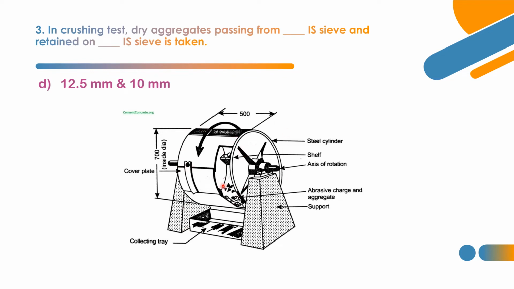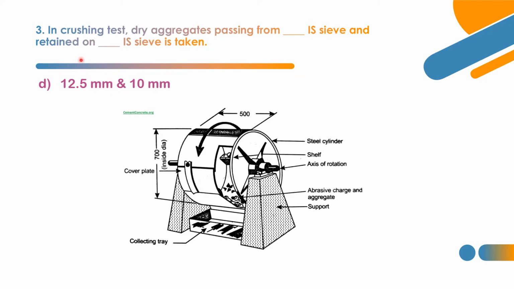Here a drum will be rotated for some standard rotations per minute, after which crushed aggregate will be obtained, and that aggregate will be sieved on 1.7 mm, and the weight taken divided by the total weight of aggregate taken times 100 gives the abrasion value. Same procedure but different specification and different apparatus.